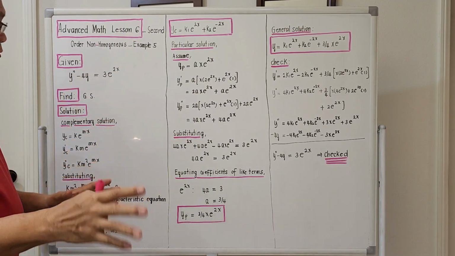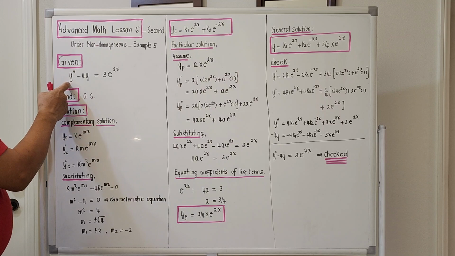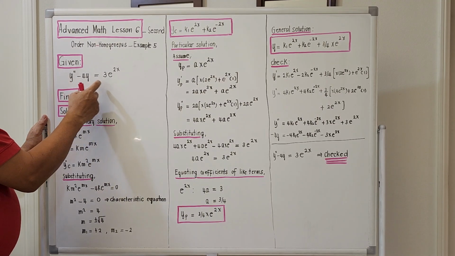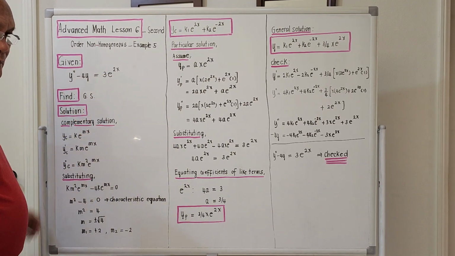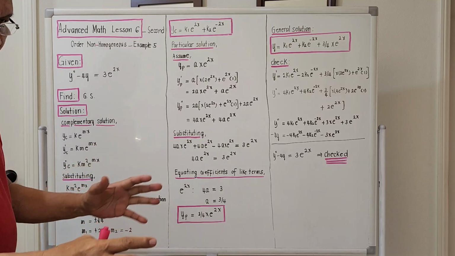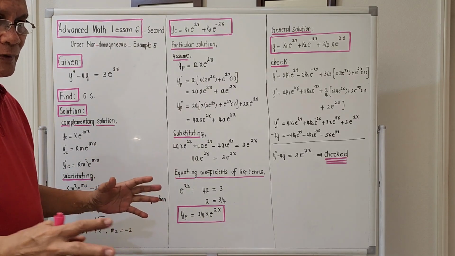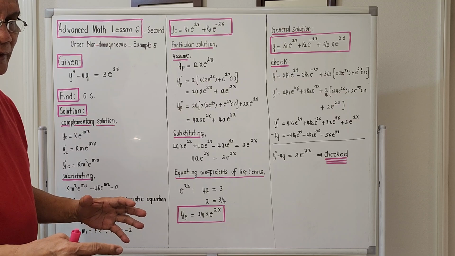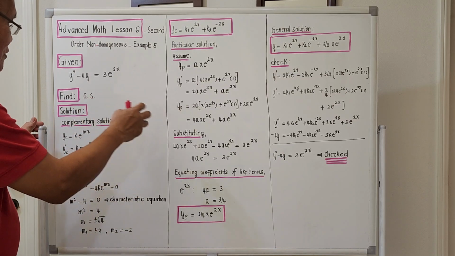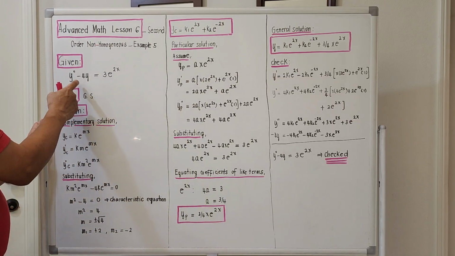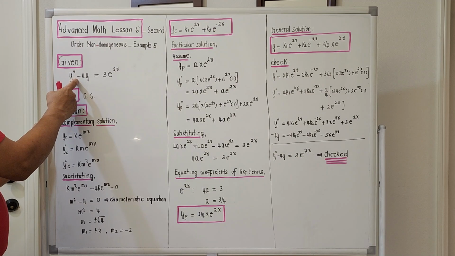But for tonight, what is given is y double prime minus 4y is equal to 3e to the 2x. What I will be presenting tonight will be another variation of a solution. The right hand side is exponential, but the sign on the left hand side is negative.